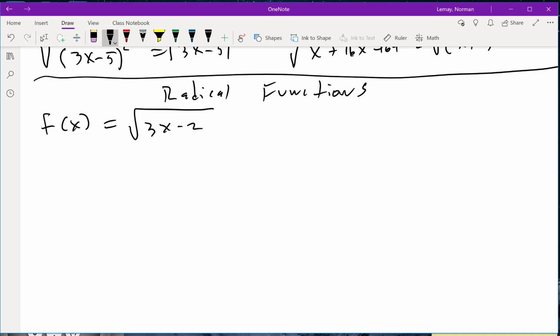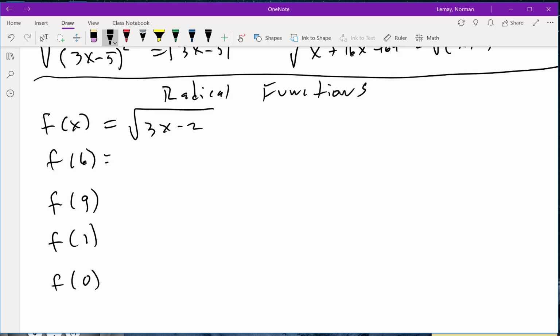What we'd like to do is evaluate a few things: f of 6, f of 9, f of 1, and f of 0.